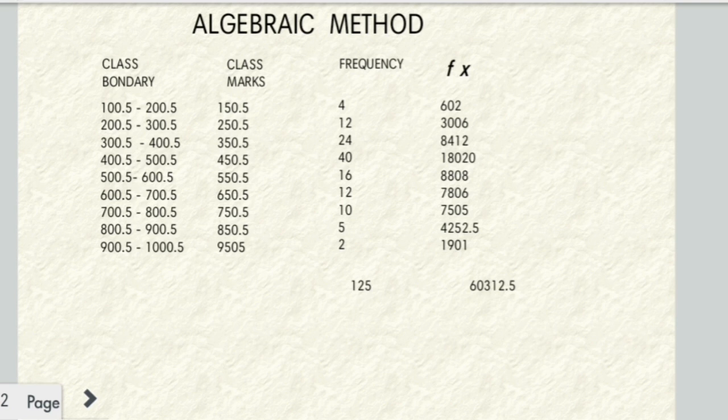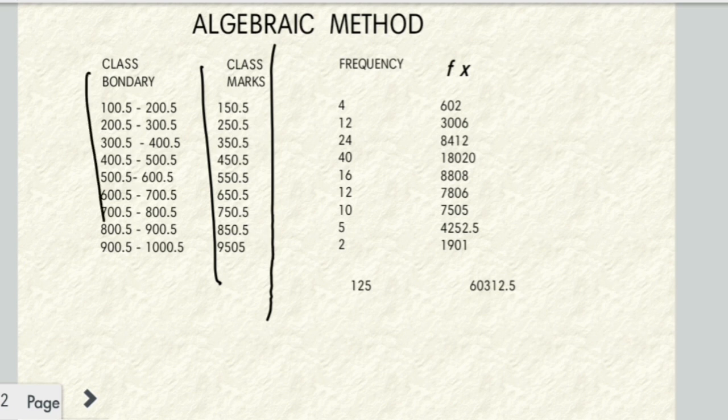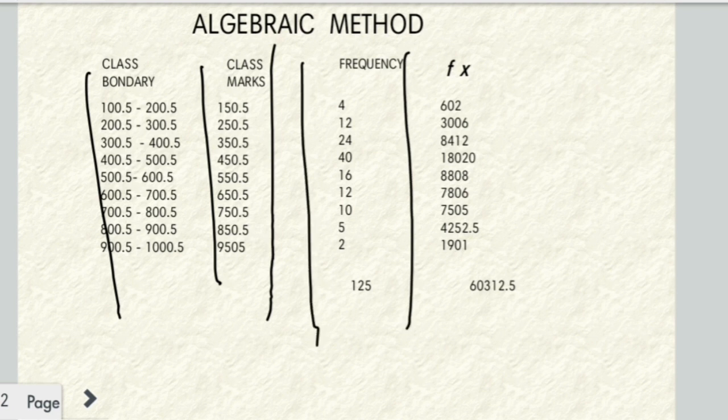In group data, two classification, we consider two or more attributes simultaneously. In this table, we see two observations: class boundary and frequency.